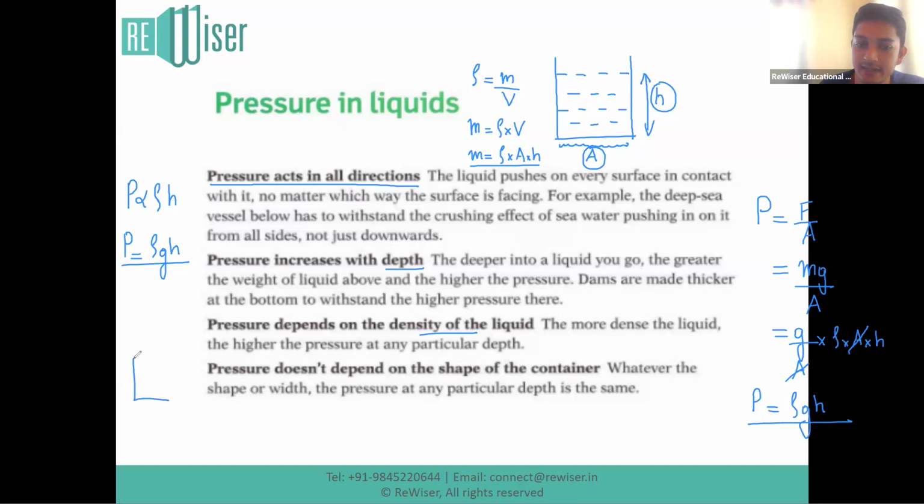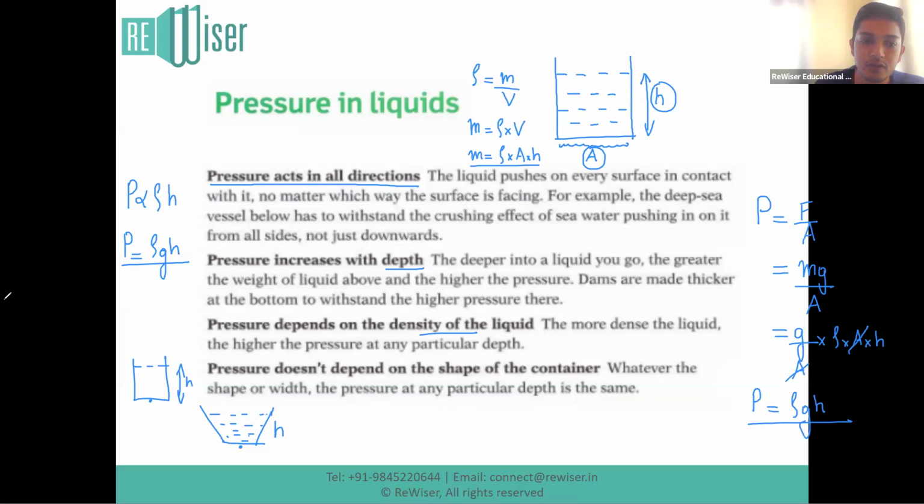That means a container of standard shape and a container like this, provided they have the same height h of the liquid and the same liquid, will have the same pressure at the bottom. The pressure will not change depending on the shape of the container.